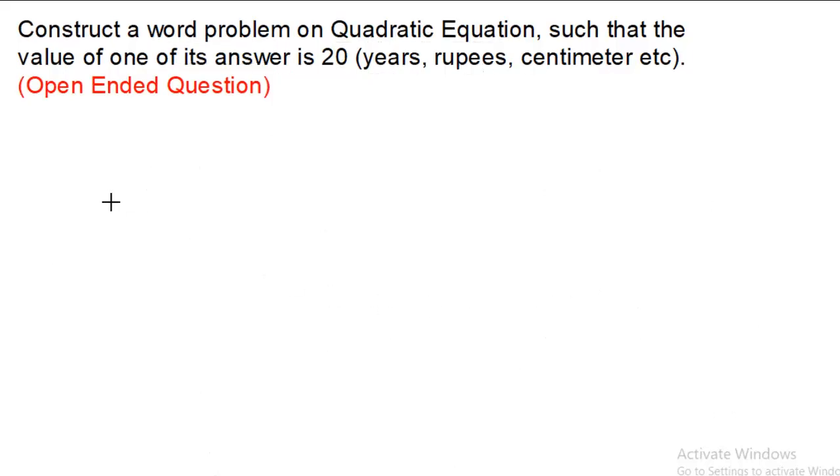Now let us frame the word problem considering x is equal to 20 as centimeters. We can imagine x is equal to 20 as the breadth of a rectangle. So we can think of a rectangle whose breadth is 20 centimeter, and you can consider this as one of the solutions of the quadratic equation.